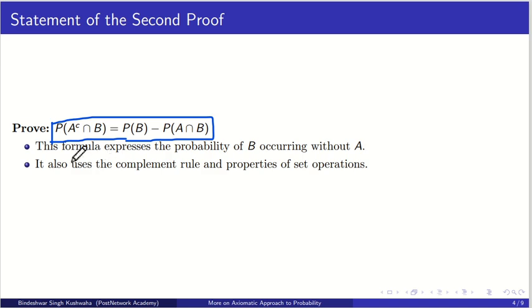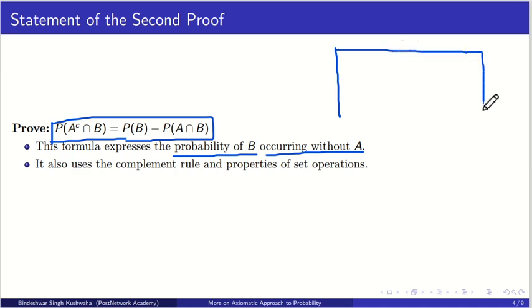It means the probability of B occurring without A. So again I am just drawing because it will require the skills of set theory. You should be very good at set theory while you are learning the axiomatic approach to probability.